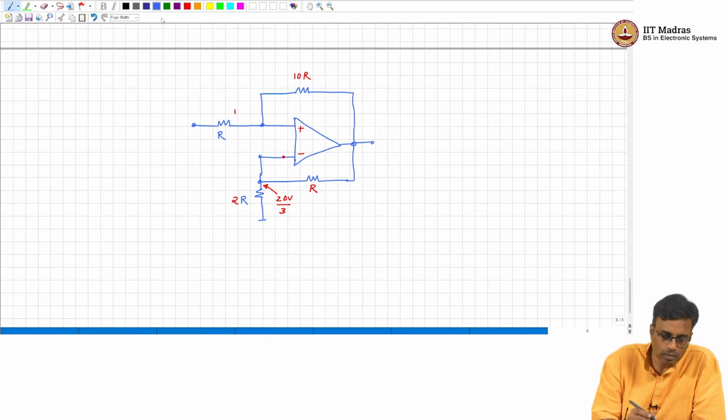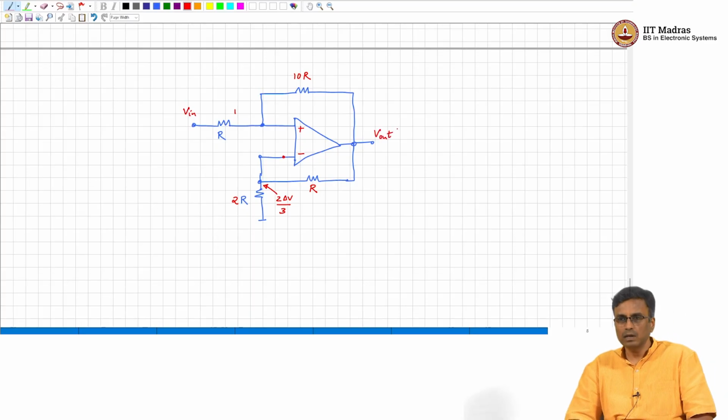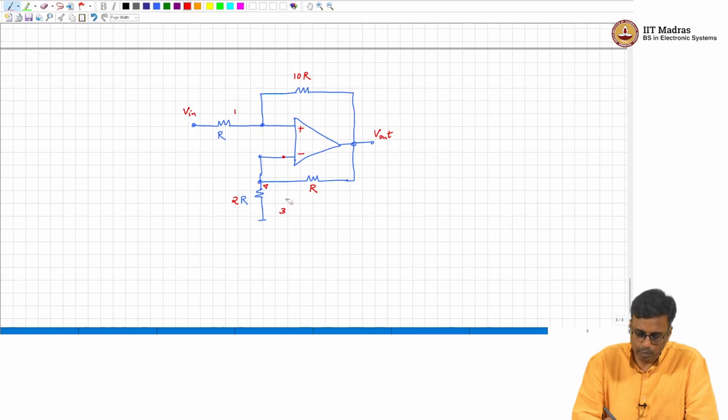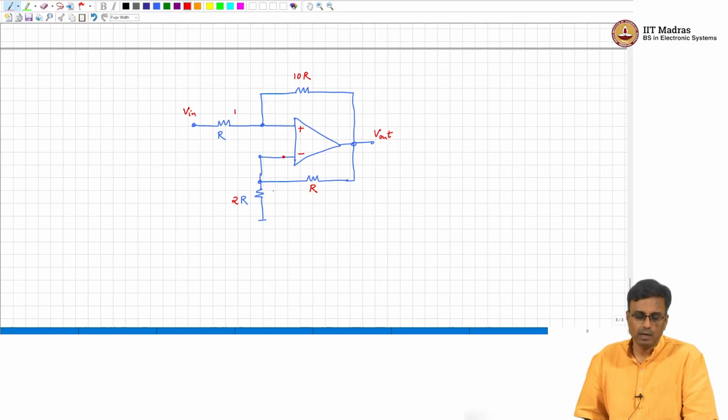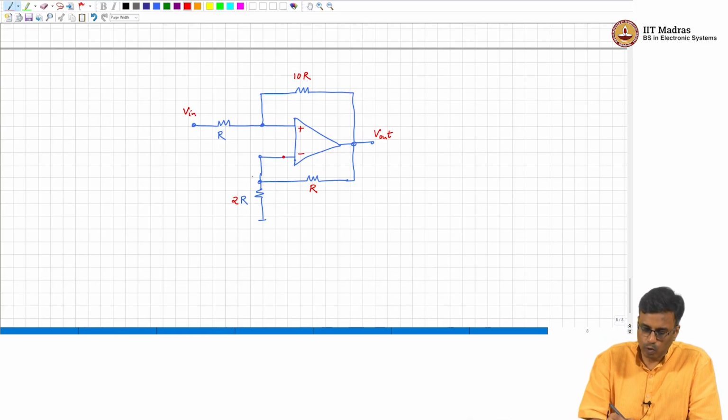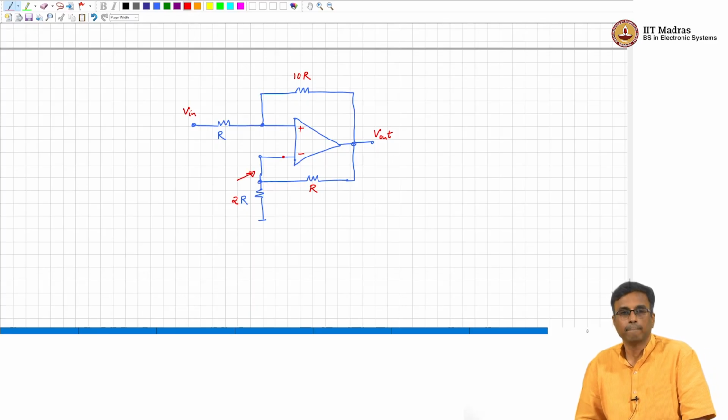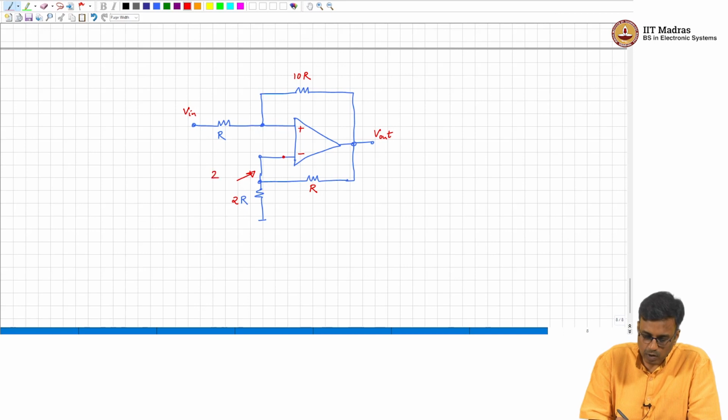find V out by V in. Now, what will we do? Well, the procedure is same old. So, what is this voltage? That's 2/3 V out, very good.